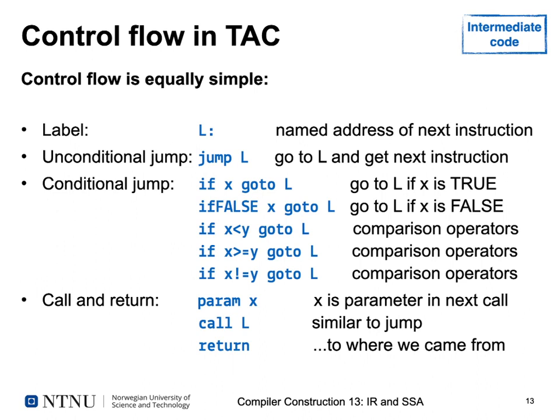And when you now want to change control flow, you can, for example, do an unconditional jump. So you jump to a label L, which means you jump to the instruction following that label L in your intermediate representation code.